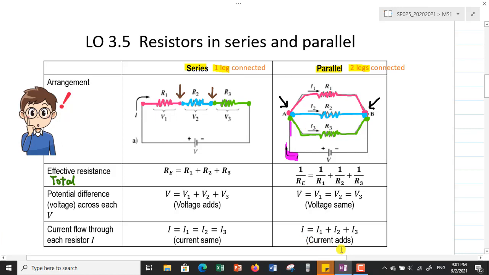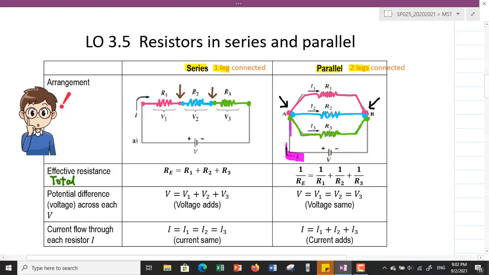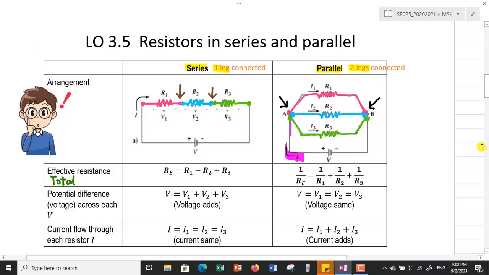So, the current will be added for the parallel combination whereby I1 plus I2 plus I3 will equal to the current that flow out from the battery. Alright, so this is the main concept we are going to apply when we want to solve question for resistor connected in series or parallel or the combination of both of it.